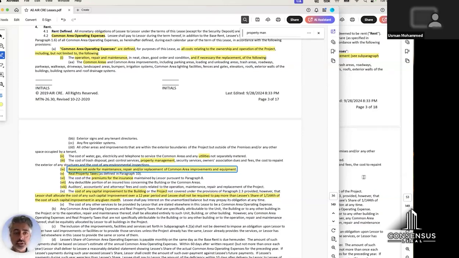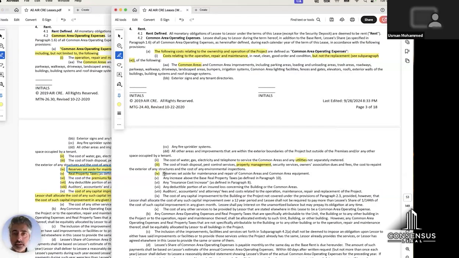Now let's flip over to the gross lease. Under the gross lease, lessor can pass through reserves for maintenance and repair of the common areas. It doesn't say replacement.